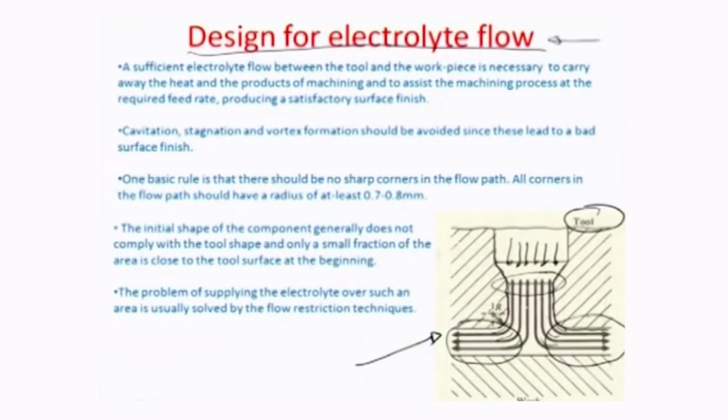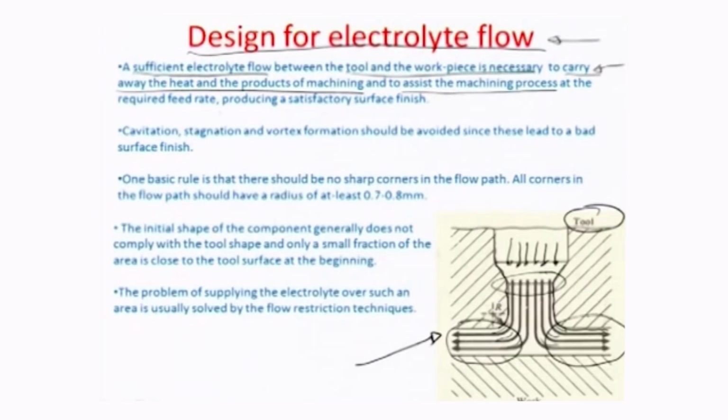So, therefore, what we need to ensure as a design engineer is that sufficient electrolyte flow is there between workpiece and tool, and of course, that is because it needs to carry away the heat and the products of machining. The flow is needed for that purpose in any case, as we have seen before, and you can also have an assistance to the whole machining process.